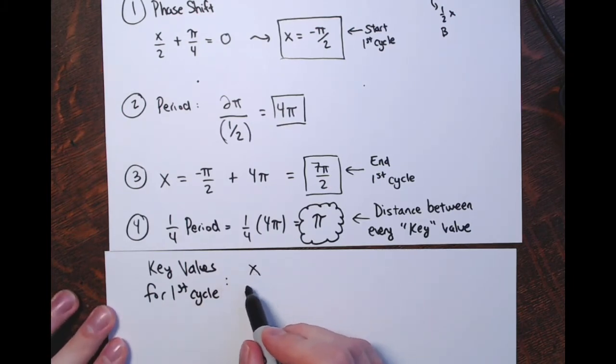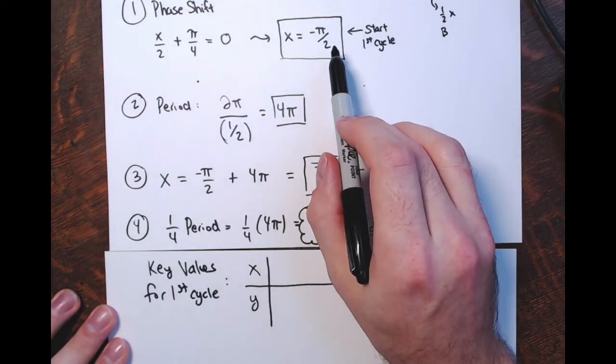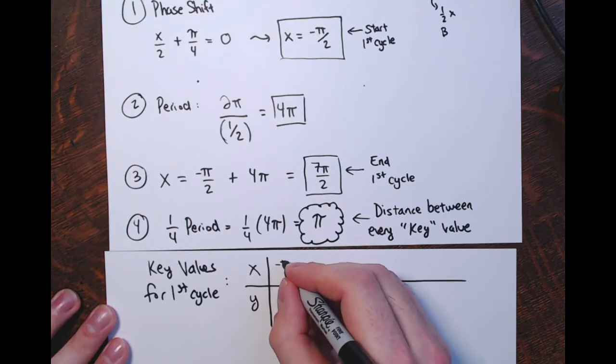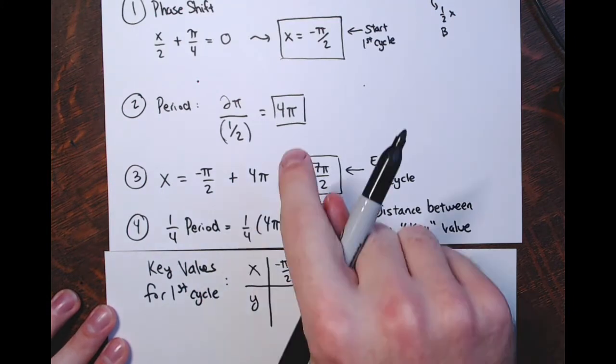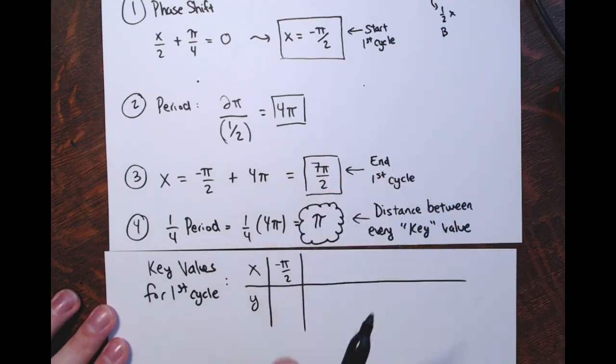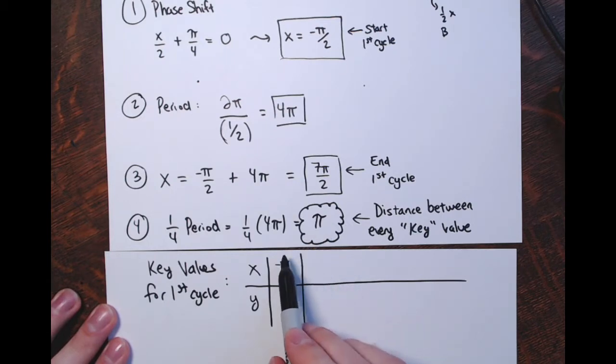So you have x values, y values, outputs. Remember, I said I'm starting the first cycle that I draw at negative pi over 2, and I'm going to end it at 7 pi over 2 by continuing to add pi. I start here and keep adding this quarter period.